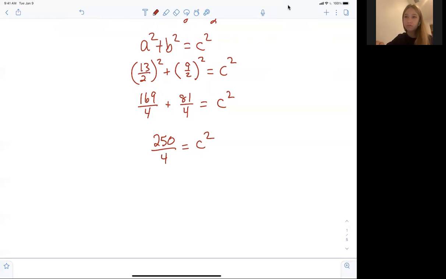So what I want everybody to do is leave it alone and just take the square root of both sides. Now, when we take the square root of both sides, I end up with C equals the square root of 250 over the square root of 4. And what is the square root of 4? 2.